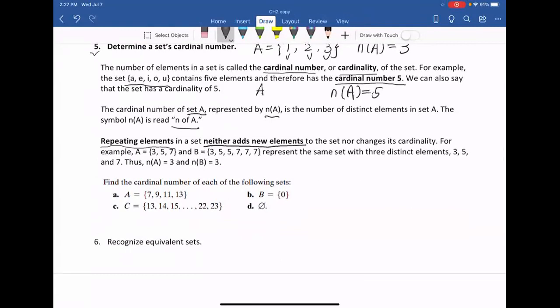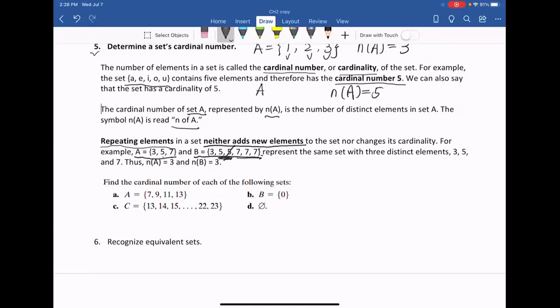For example, the set A contains 3, 5, 7, and the set B contains 3, 5, 5, 7, 7, 7. You see in set B, there are two 5s and three 7s, but the cardinal number for B is still 3.